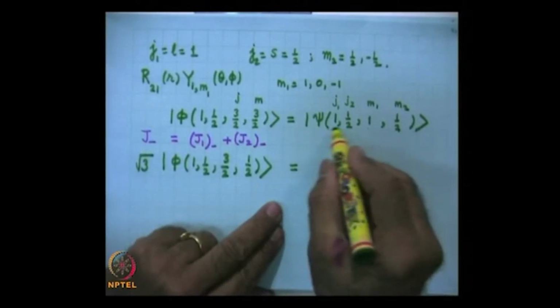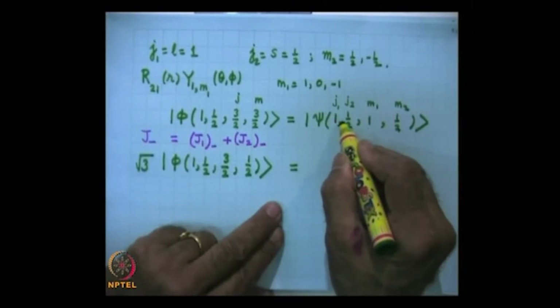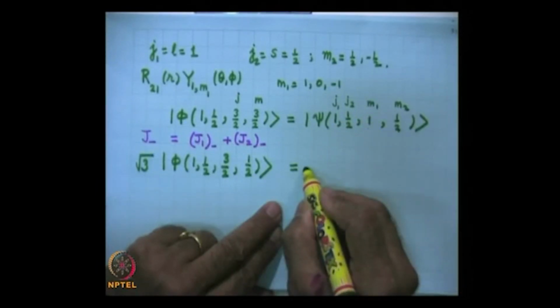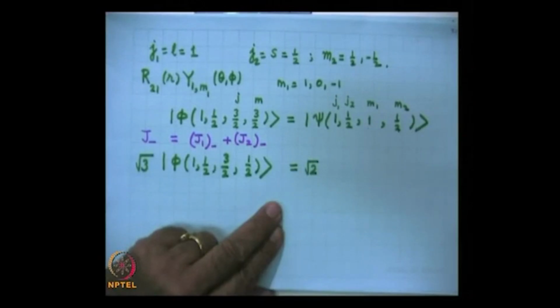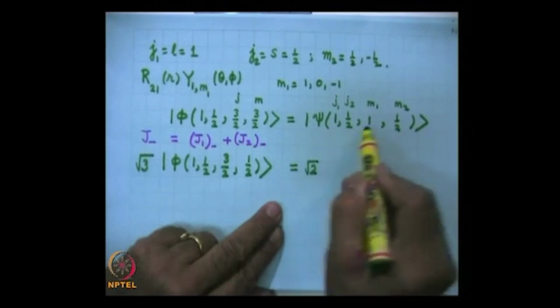so if I operate this by J1 minus, this will be J1 plus M1, that is square root of 2, and then M1 will decrease by 1.